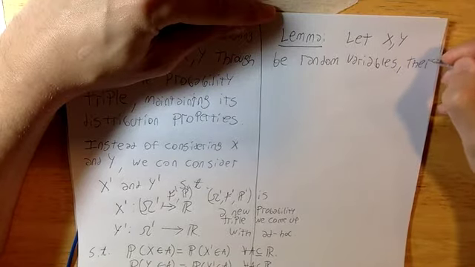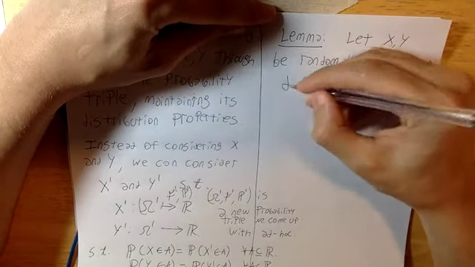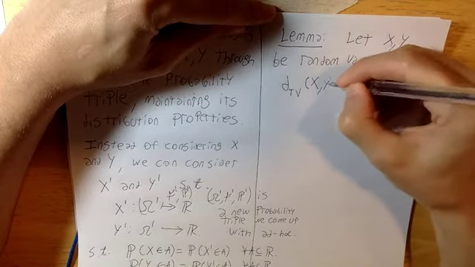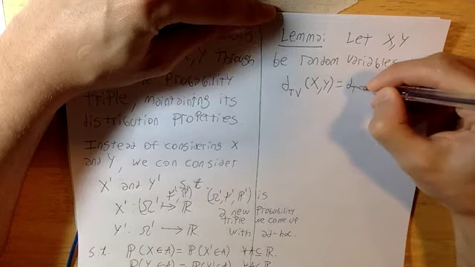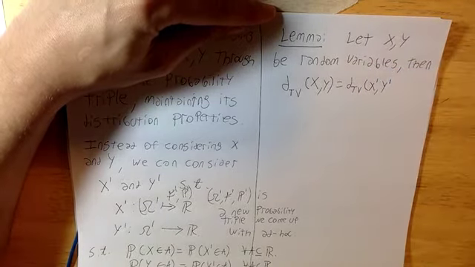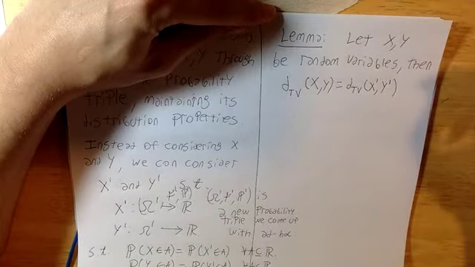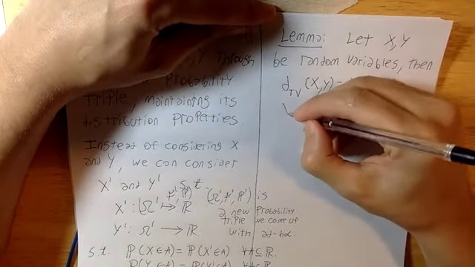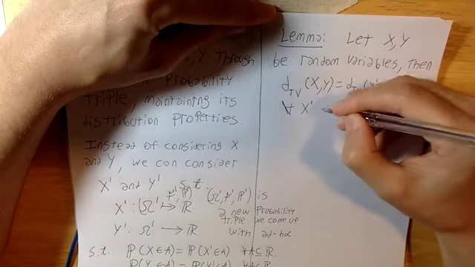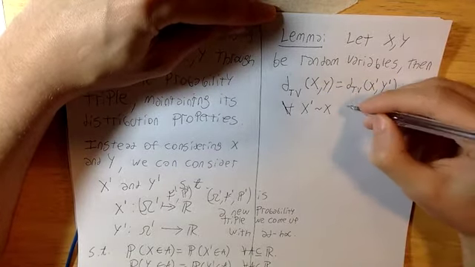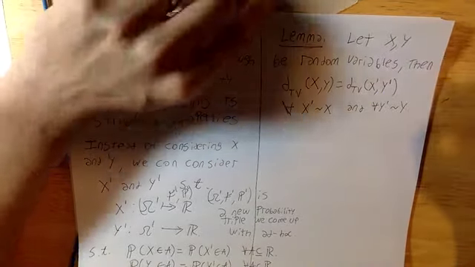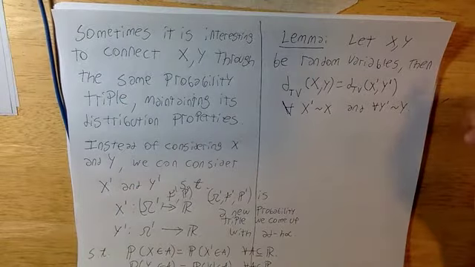Then the total variation distance between X and Y is equal to the total variation distance between X prime and Y prime, for every X prime similar to X, and for every Y prime similar to Y. Okay?